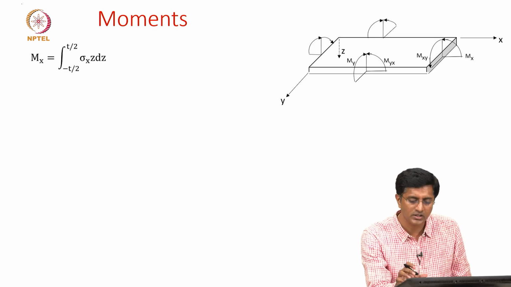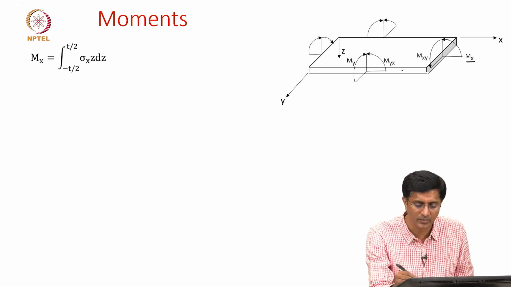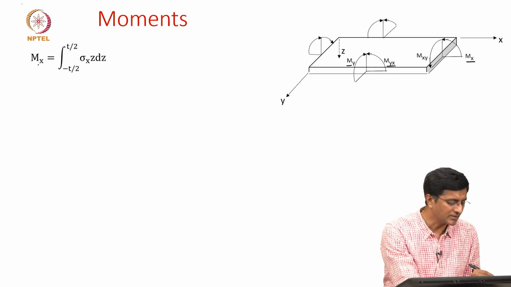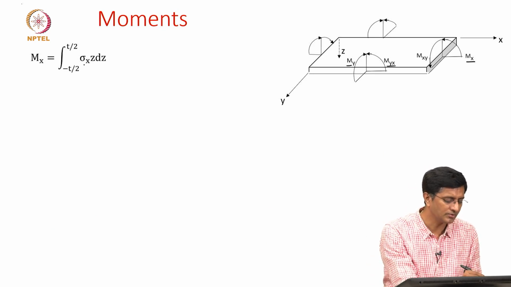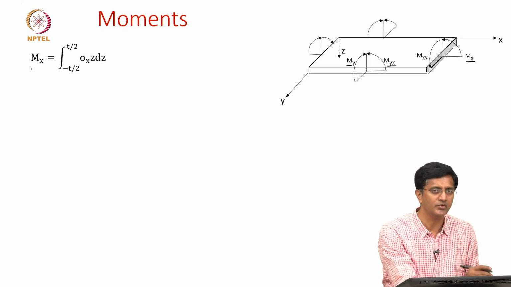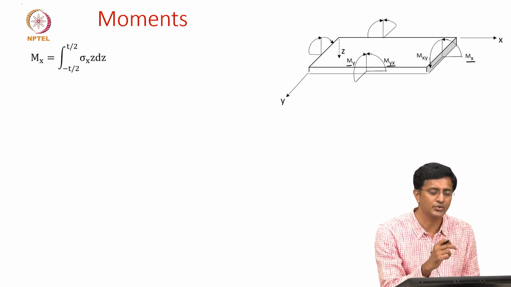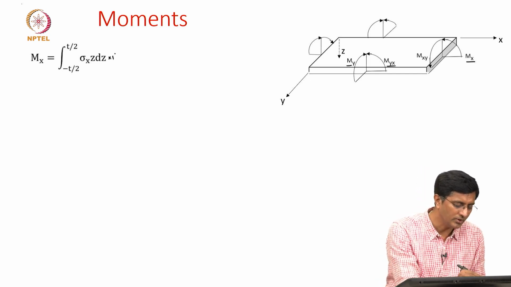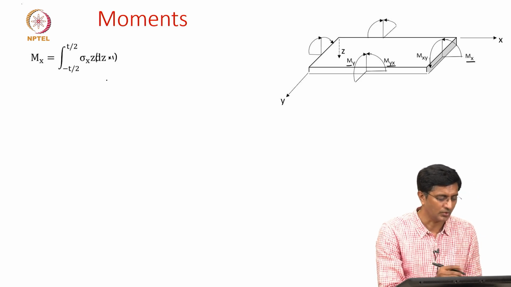So here is the depiction of these moments Mx, My and Mxy. Mx we said is written in terms of the stresses, sigma x times z dz. Since this is a moment with respect to width, we are taking that it's a unit width, otherwise it would be times 1. Okay.